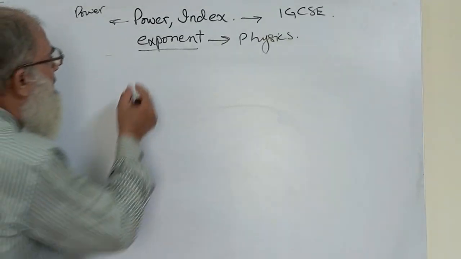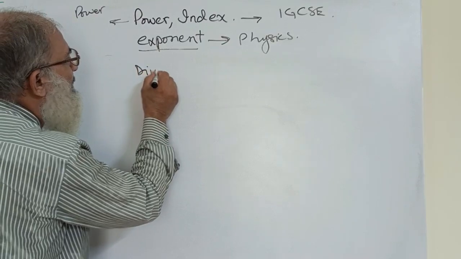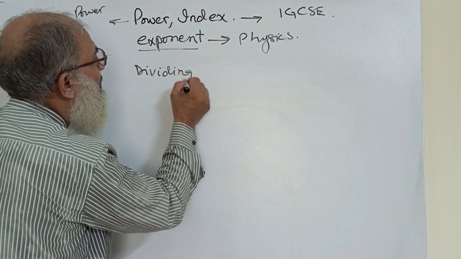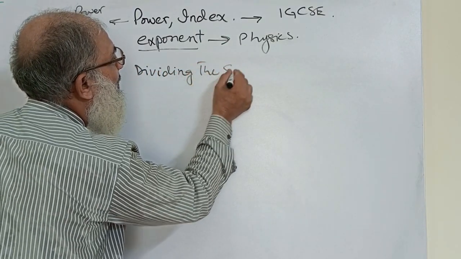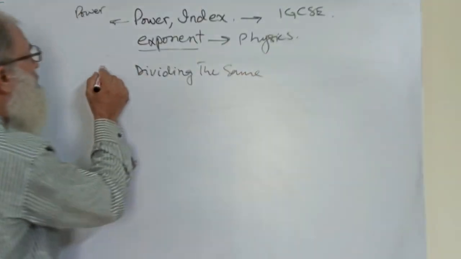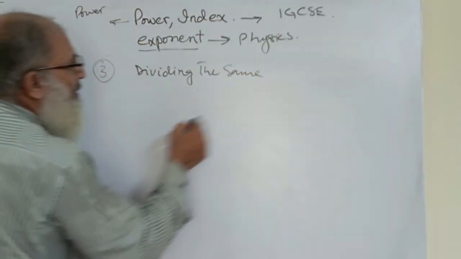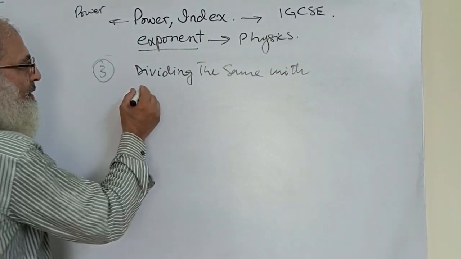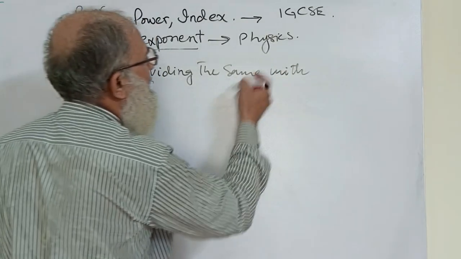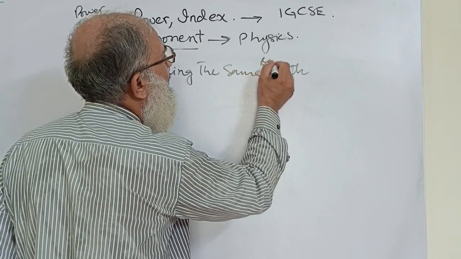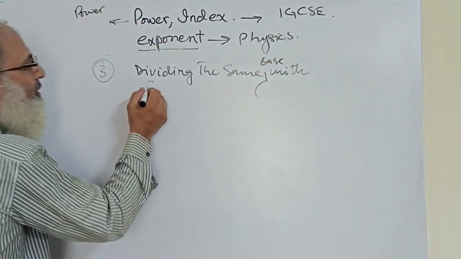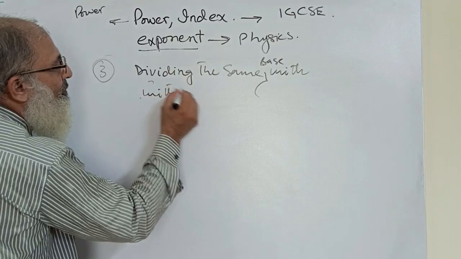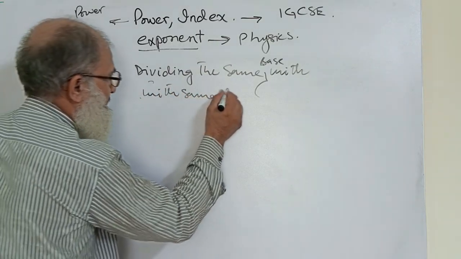Now dividing the same base, this is rule number 3, with the same base and with the same index number.